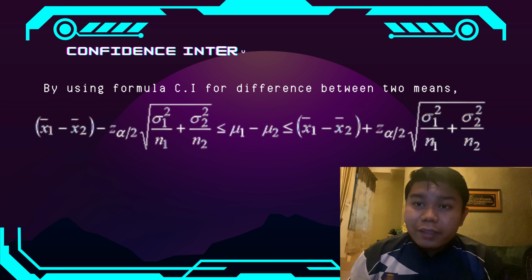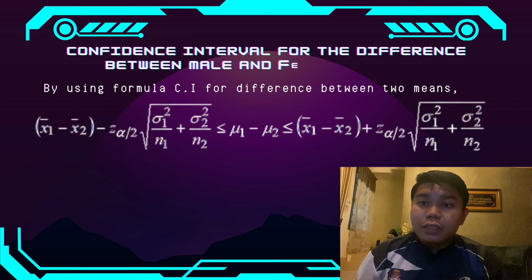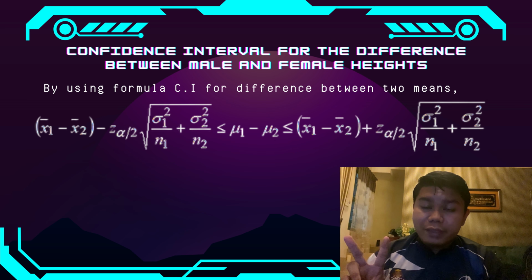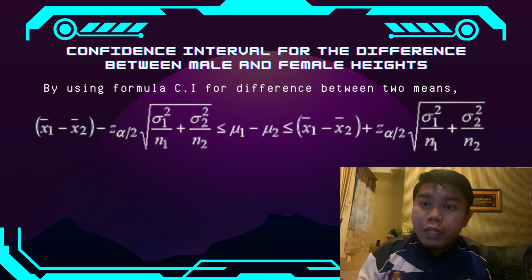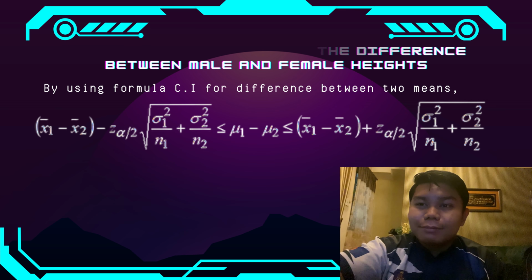Okay, next we must know the formula to find the confidence interval for the difference between two means. The formula is x bar 1 minus x bar 2 plus minus z alpha over 2 times square root of variance 1 divided by n1 plus variance 2 divided by n2.